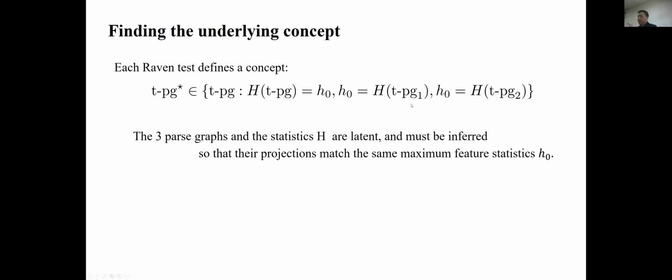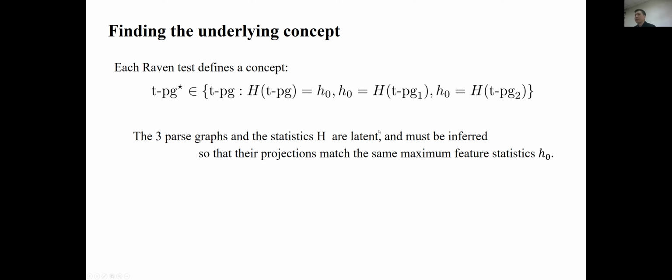And then you project these 3 parse graphs. The H is a projection. Basically, you select certain elements of the TPG, so you project it into a new space, which is a vector H0. Then you realize that all the 3 components share the same vector. That is what we call the concept. This kind of concept comes from what we define as a pattern, like a texture or something in computer vision.